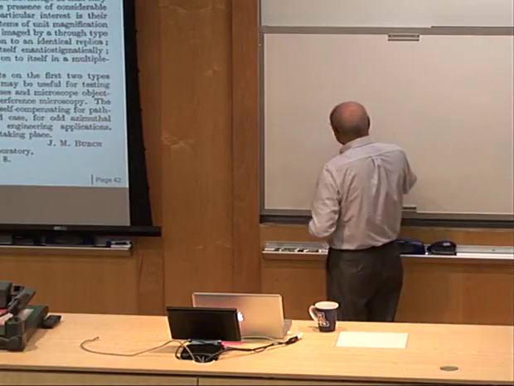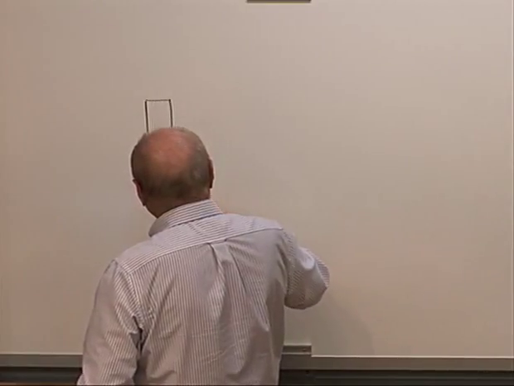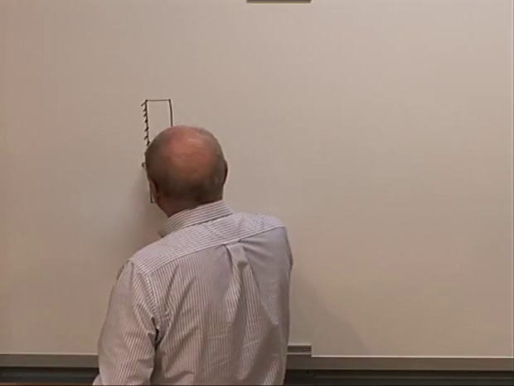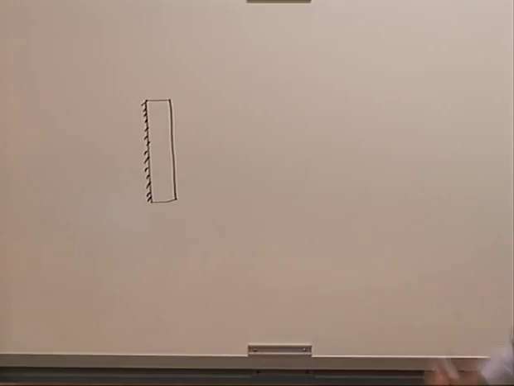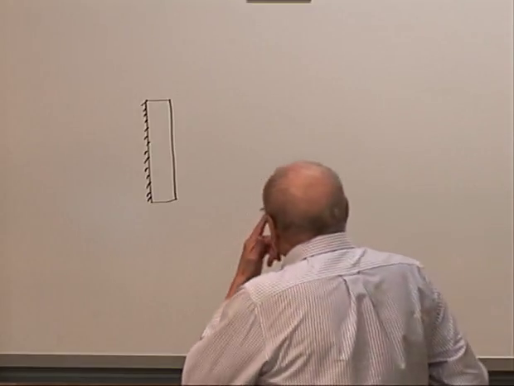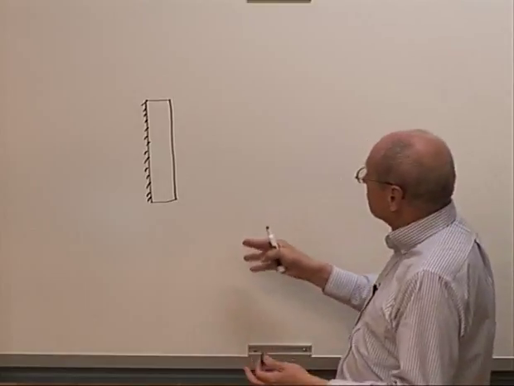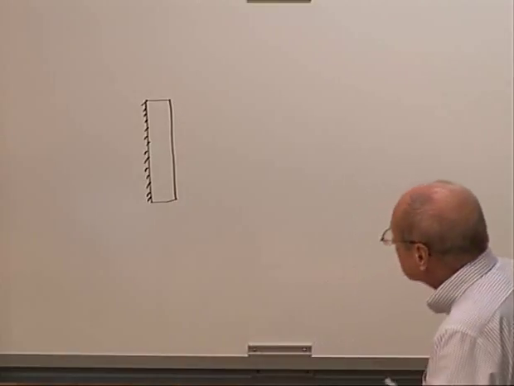So here is a rear surface mirror. This could be the mirror in the bathroom. You could take a shower and get steam on the mirror, and that will do what I want it to do.